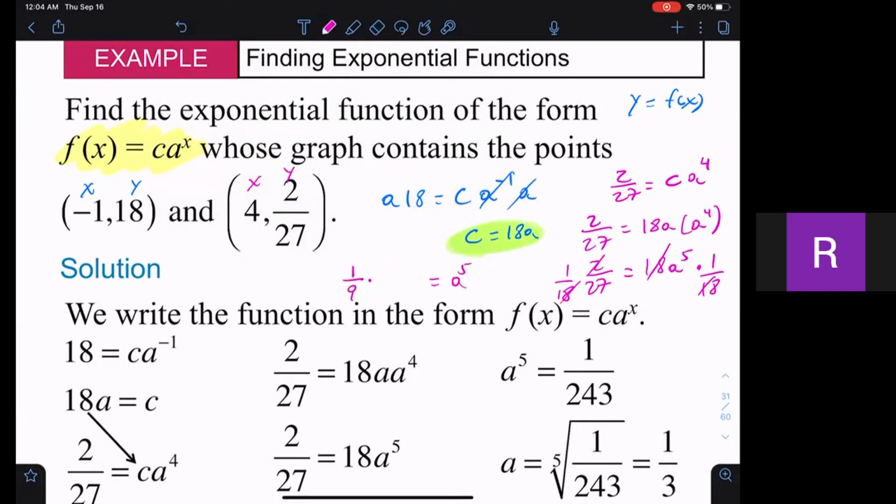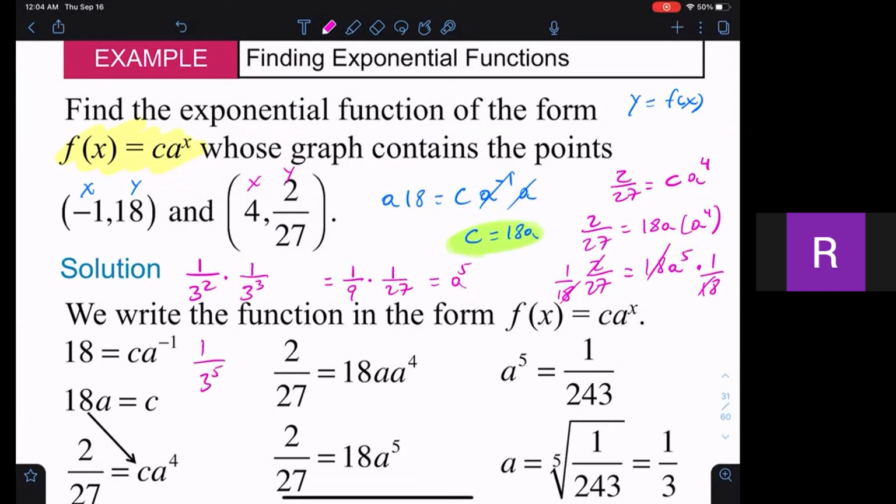1/9 times, and here I have 1 over 27, right? Now to make it simple, just recall that 9 is the same as 3 squared and 27 is the same as 3 to the 3. So that means that I can put it together, right? Using the product rule.